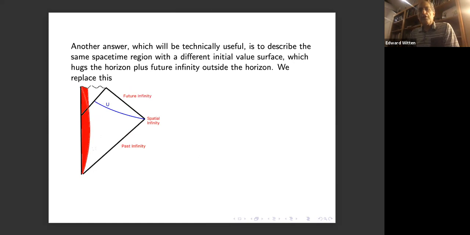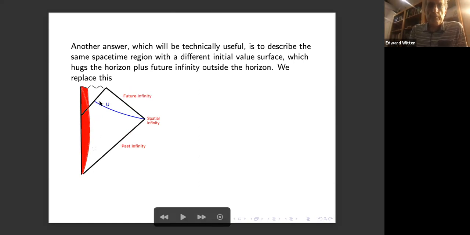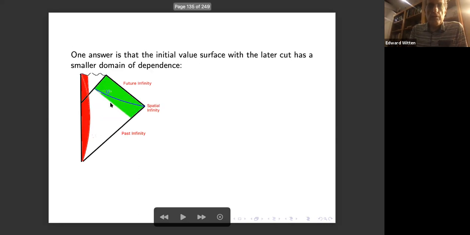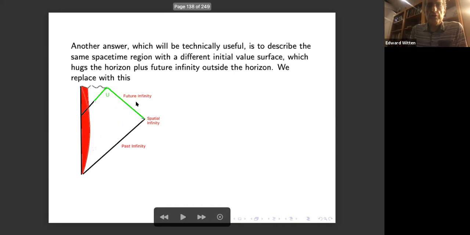There's another way to look at it which will be technically useful. Instead of describing this region, the green region, using this partial Cauchy surface, we could use a different one, which would go like this. We could take U to be the horizon to the future of the cut, together with future infinity.